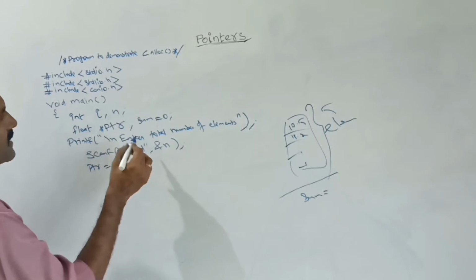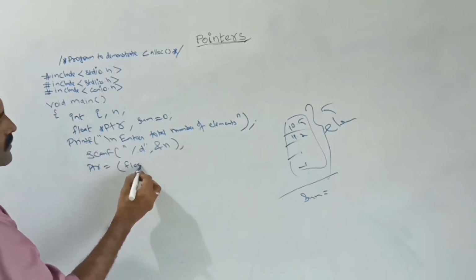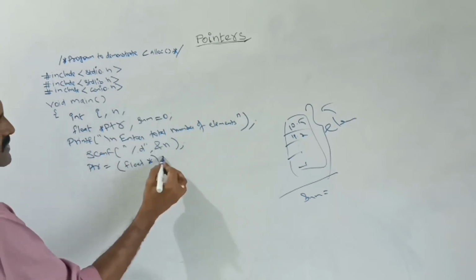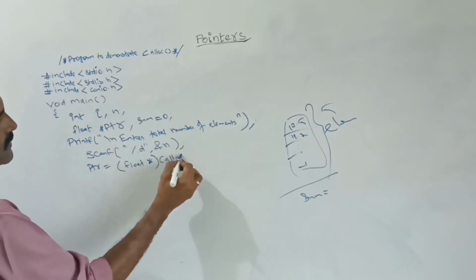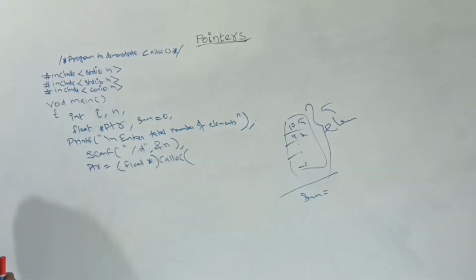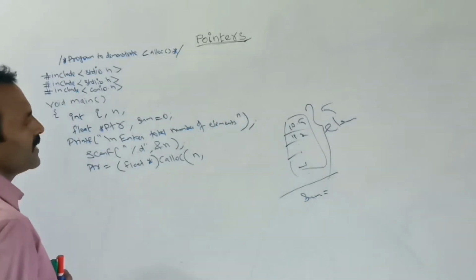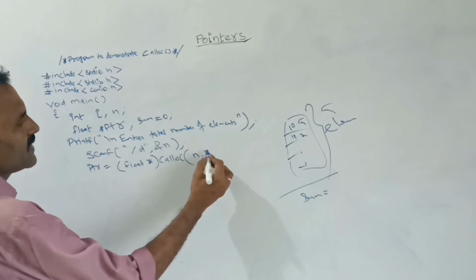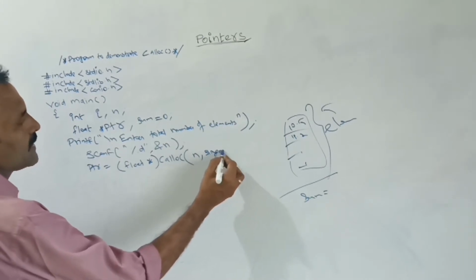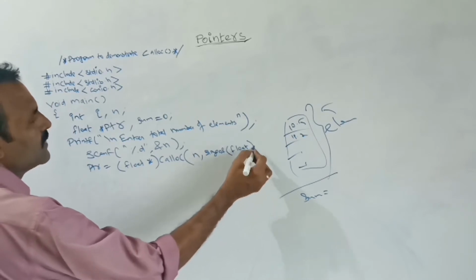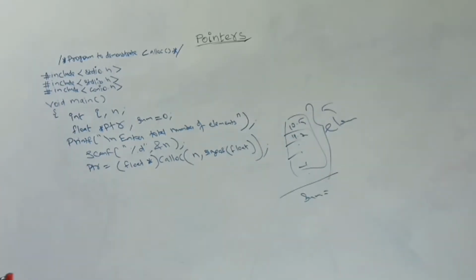What type of data are we going to store? Float. Next, what function are we going to use? calloc. Next, what are the arguments for calloc? Very first n, that is the total number of elements. Next, the size of each and every element, sizeof. Next, what type? Float type, so we should mention it as float.